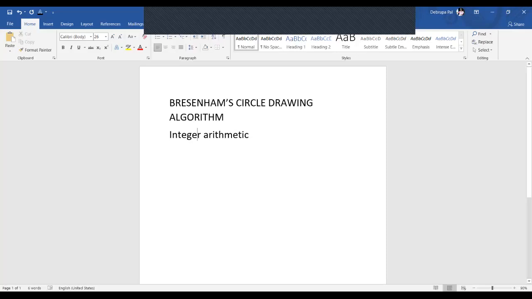So let us write the pseudo code of the algorithm, how it works. First of all, we will write: draw the circle for a given radius r.